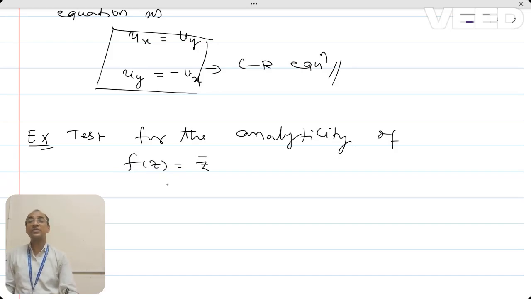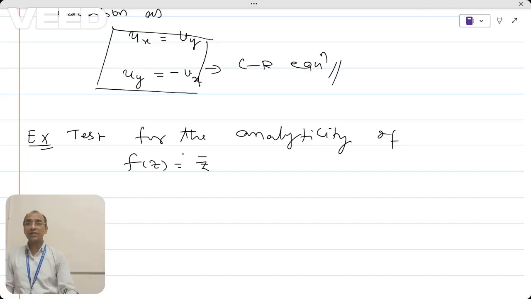Whether this function is analytic or not, of course, the exact definition we can apply, but for that we have to check whether it is differentiable or not and continuous or not. But we can check it easily using the CR equation. In order to use the CR equation, first I will identify what is the u and what is the v. So here we know z.